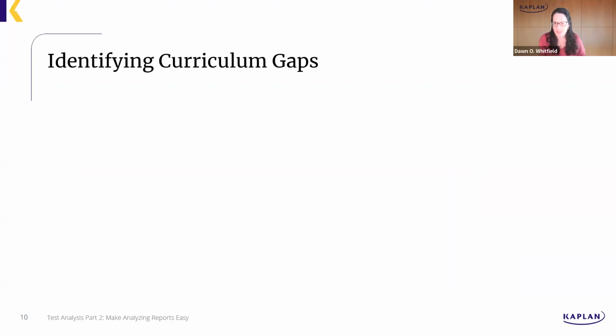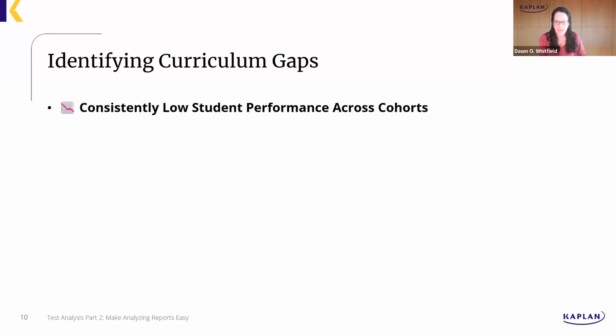To effectively address students' achievement challenges, we need to go beyond test scores and identify deeper systemic issues in our curriculum. This slide outlines key indicators that often reveal curriculum misalignment. Again, consistently low student performance across cohorts.